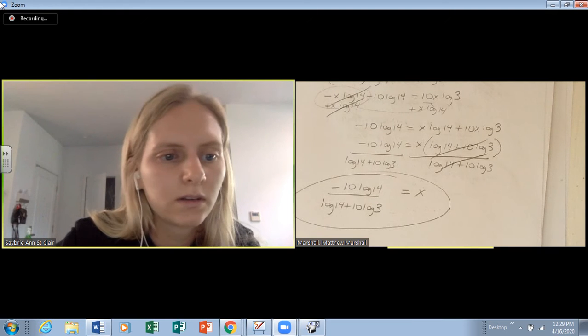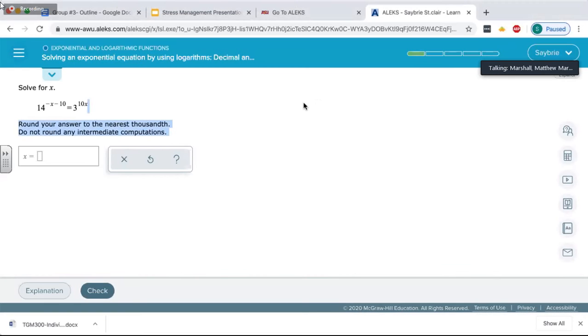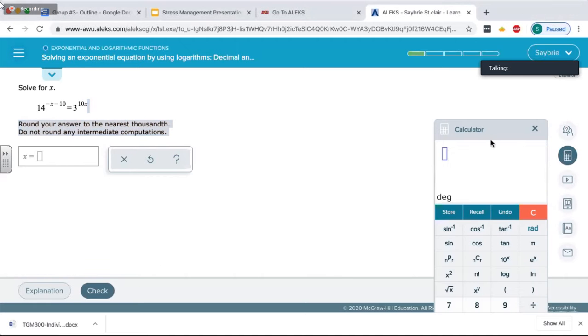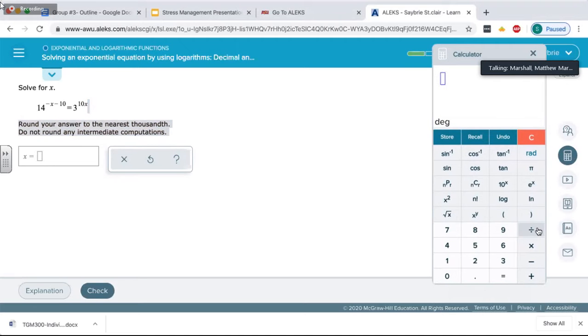Negative 10 log 14 over log 14 plus 10 log 3. Hope that's right. There you go.